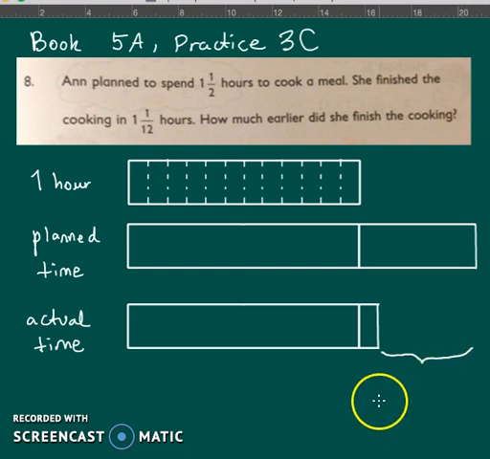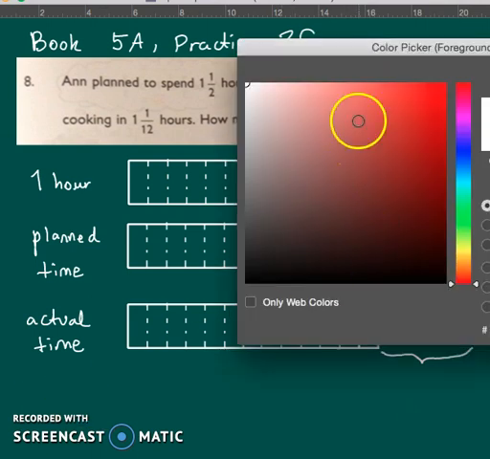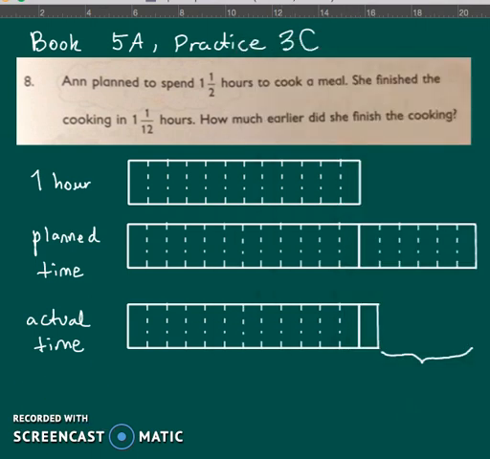Well, it's kind of hard to compare 12ths and halves, so we need to divide all of these bars into 12ths. Just like that. So now you can visually see the difference between the time that she planned to spend cooking and the actual time. And I'm just going to use a different color so that we can see the difference.